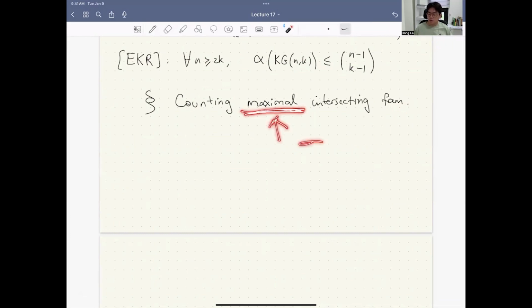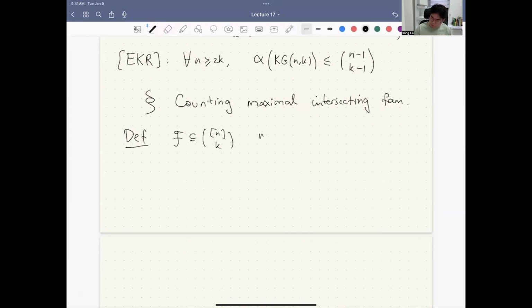This definition is probably clear, but let me write it again. A family is maximal intersecting if it is pairwise intersecting and adding any sets to it, it's not intersecting anymore.